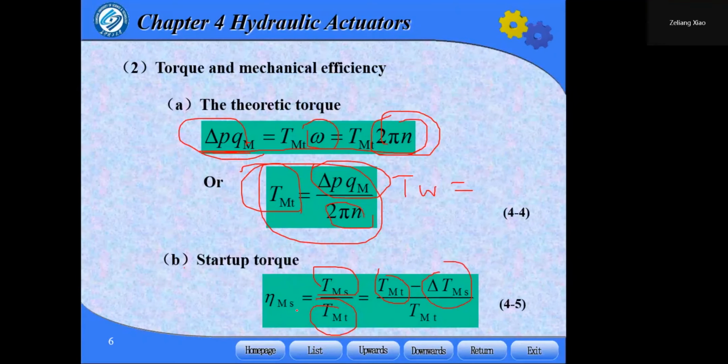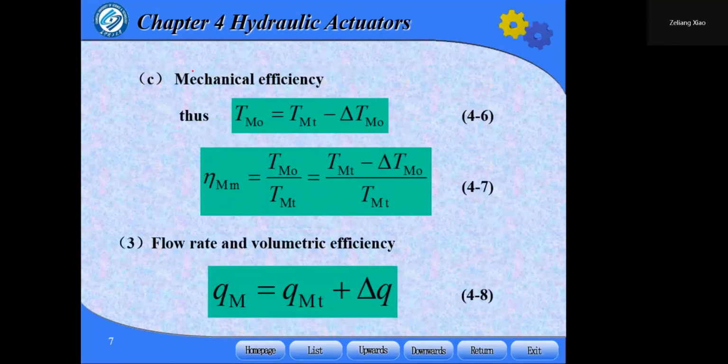So we can get the mechanical efficiency in the startup period.